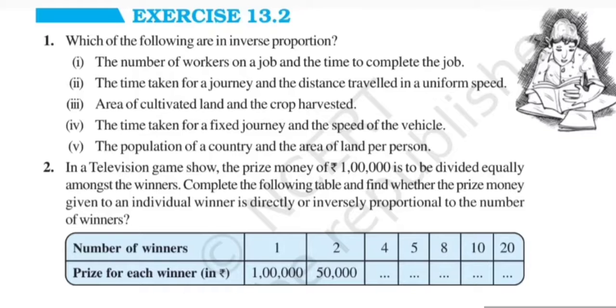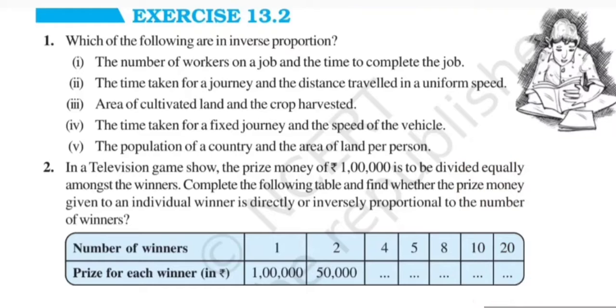So if speed is increased, it will take less time to complete the fixed journey. That's why they are inversely proportional. Last one, the population of a country and the area of land per person. So if the population of country increases, then the area of land per person will be decreased. That's why they are inversely proportional.